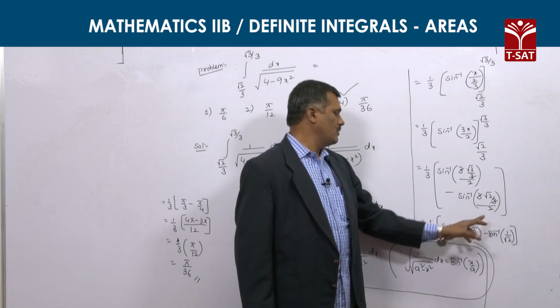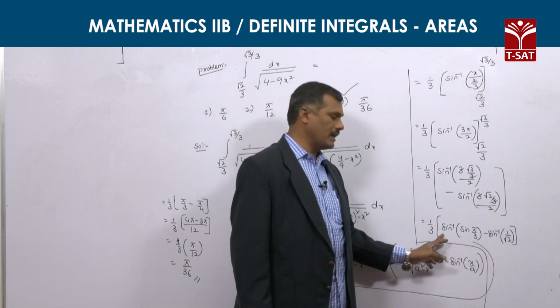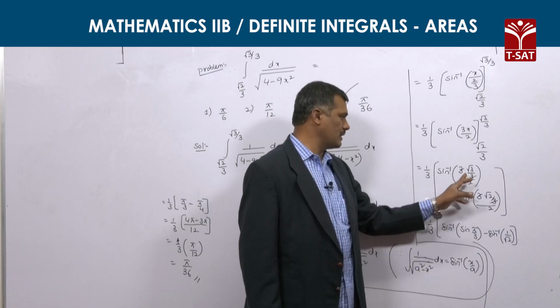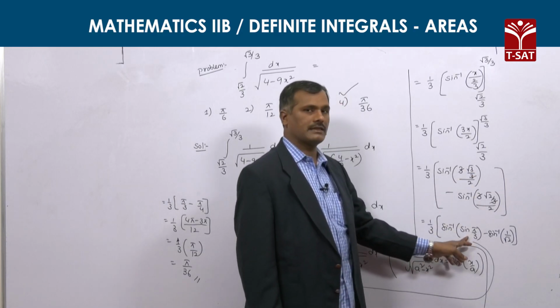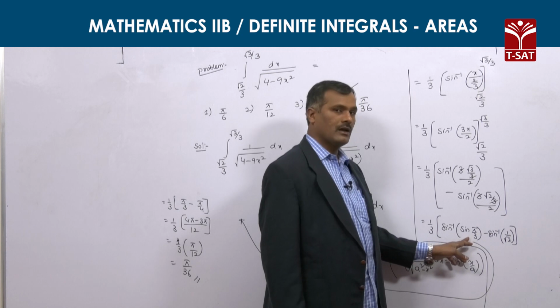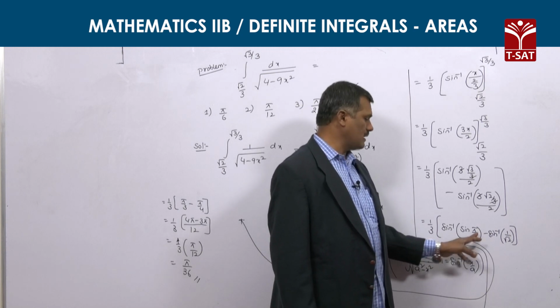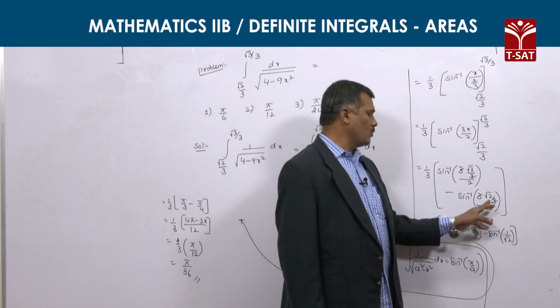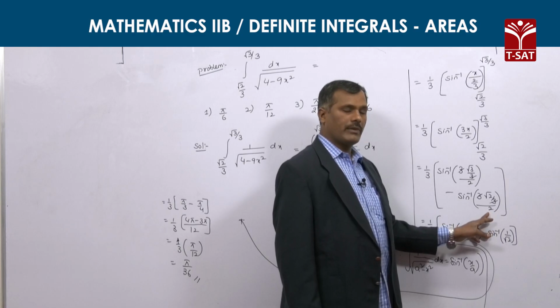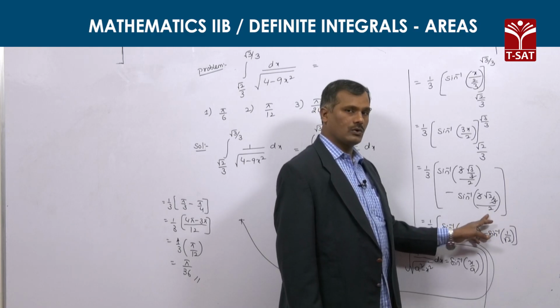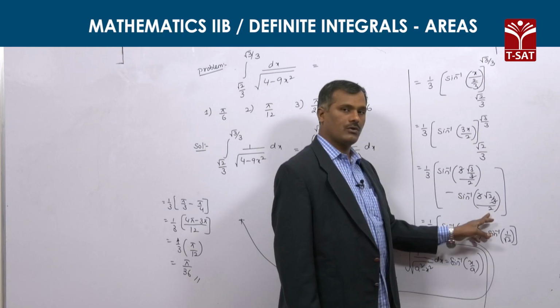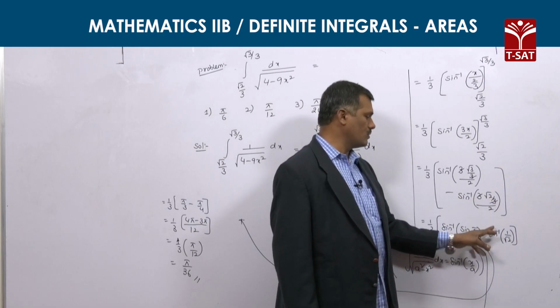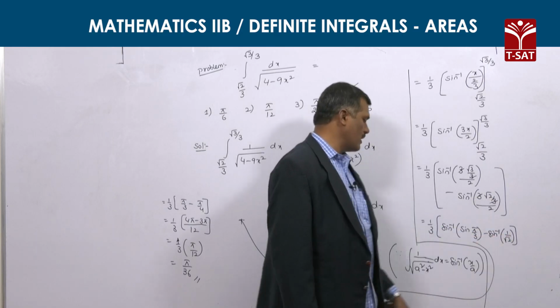That equals 1 by 3 sin inverse of sin pi by 3, since root 3 by 2 is sin 60 degrees, which is pi by 3, minus root 2 by 2. The 2 can be written as root 2 into root 2, the root 2 cancels, giving 1 by root 2, sin inverse of 1 by root 2.